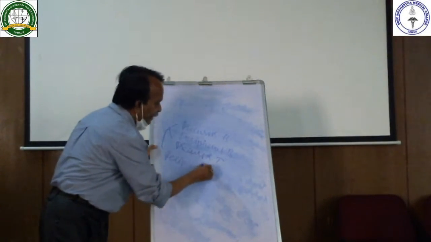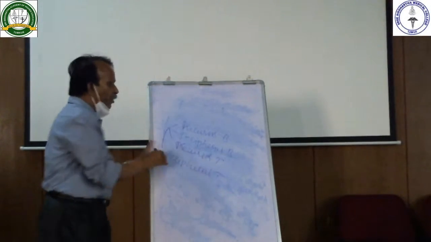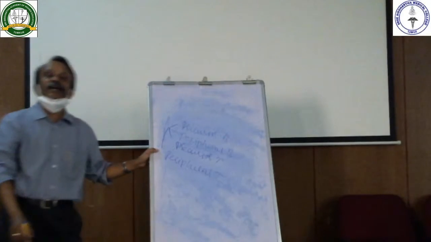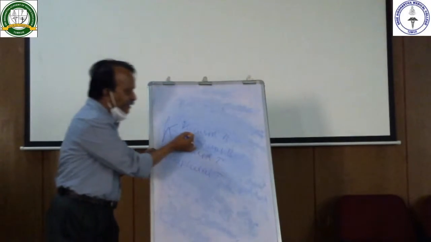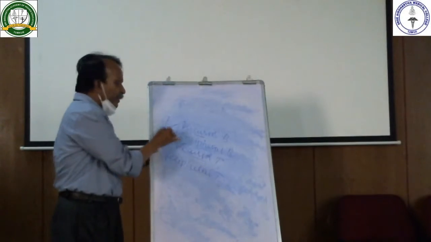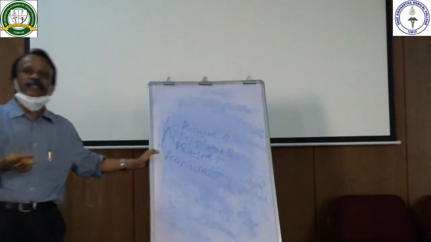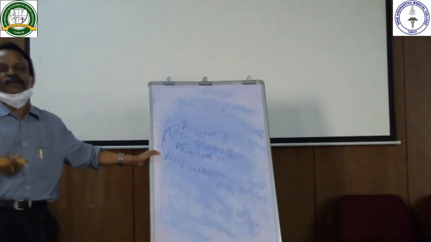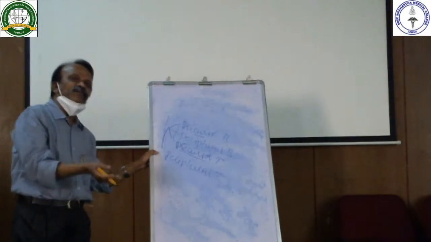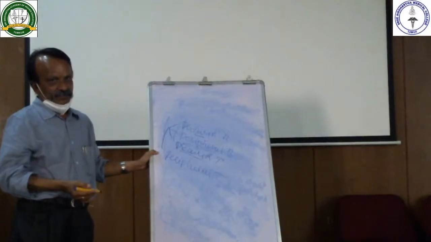These are the broader classification, WHO classification of non-Hodgkin's lymphoma. Precursor B cell and precursor T cell are similar to acute lymphoblastic leukemia or lymphoma. This I think we have covered in the leukemia chapter, right?